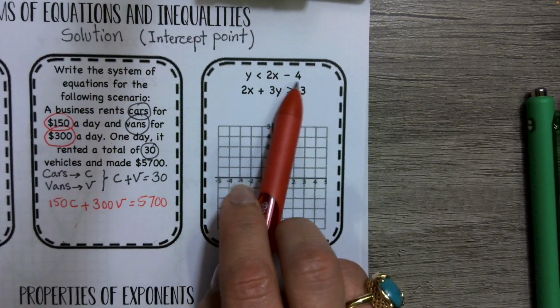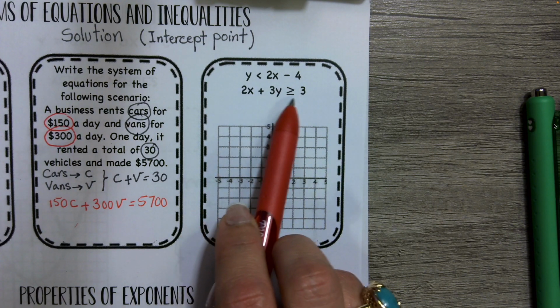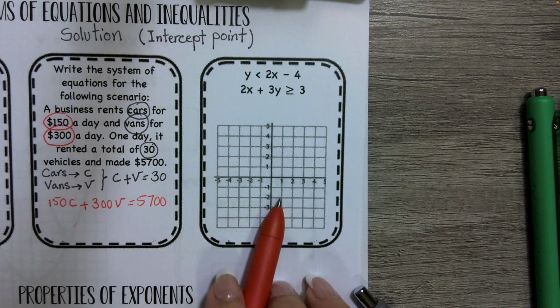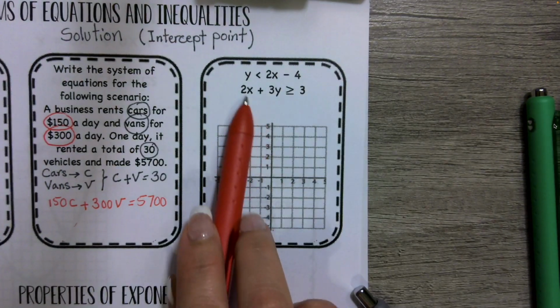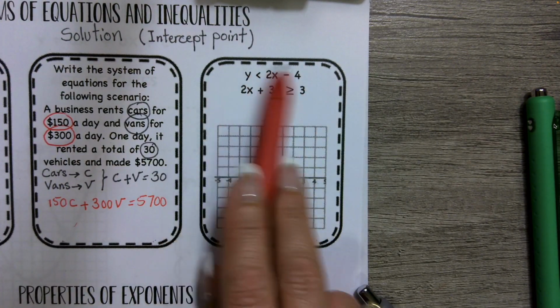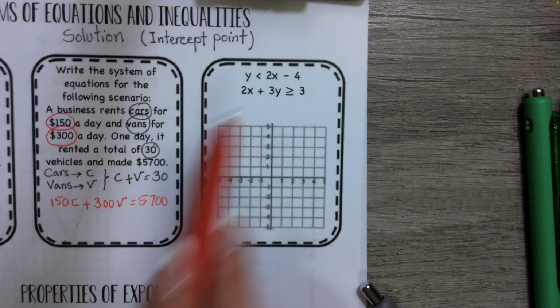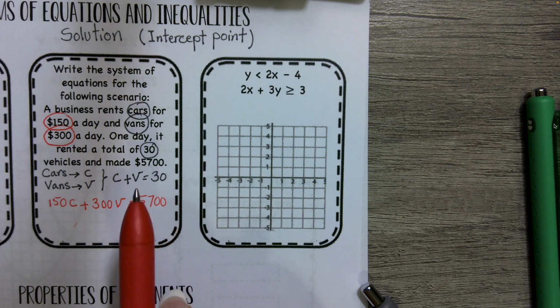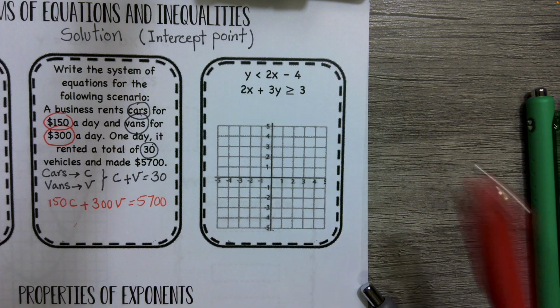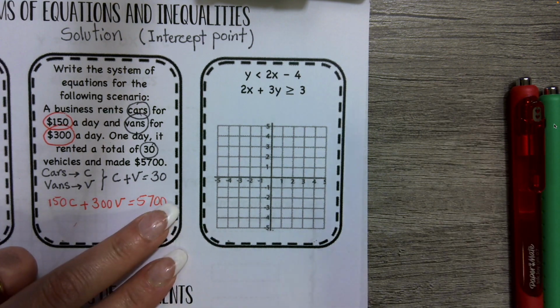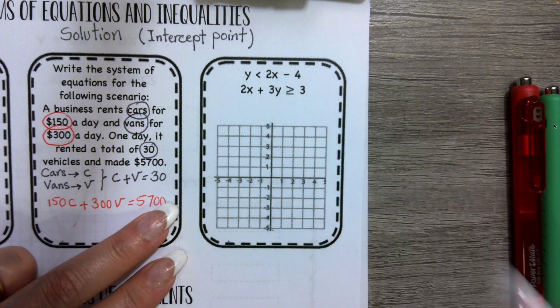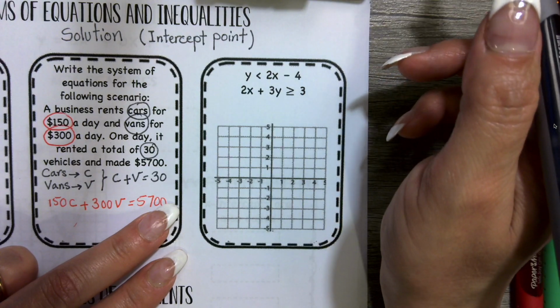y less than 2x minus 4, 2x plus 3y greater than or equal to 3. Okay, now it wants you to graph it for sure, but you still have to solve it. When they're giving you a system like this, you have to solve it and find your intersect point. So let's solve it. Over here, by the way, this is an inequality, right?